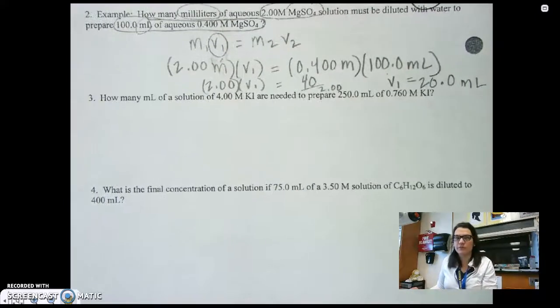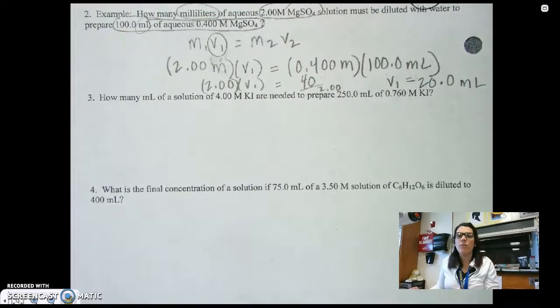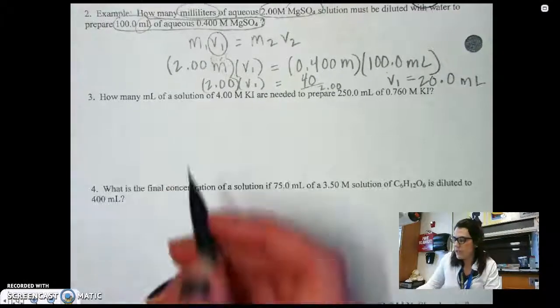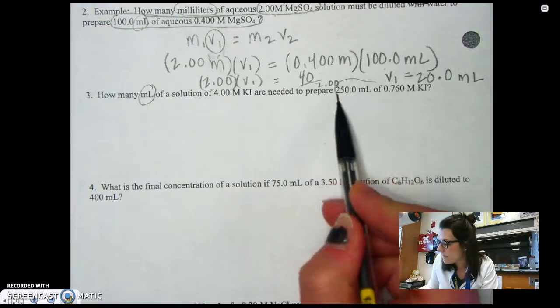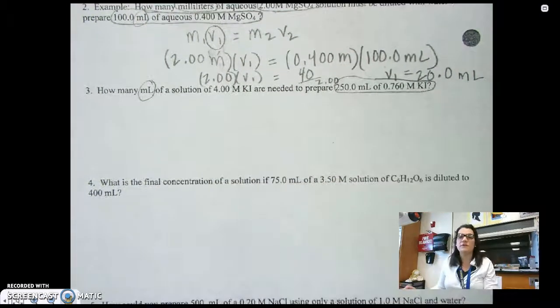Let's look at the next one. So number 3 says, how many milliliters, okay, so again, we're looking for a volume, of a solution of a 4 molar potassium iodide are needed to prepare a 250 milliliter solution of 0.760 molar KI, okay?